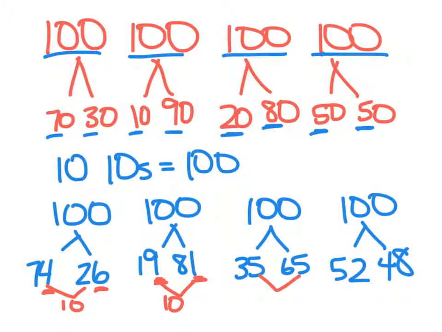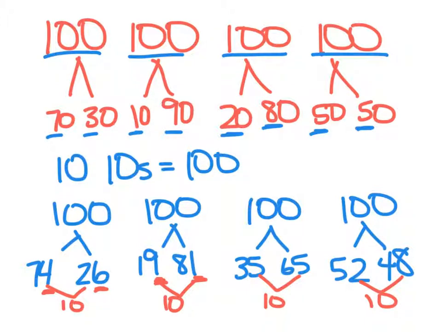And that's true for 5 and 5 and 2 and 8. So we can figure out that the sum of the ones is 10, and then we can take that 10 and we can add it to the sum of our tens.